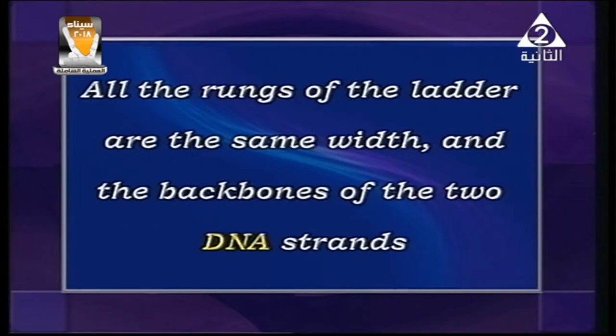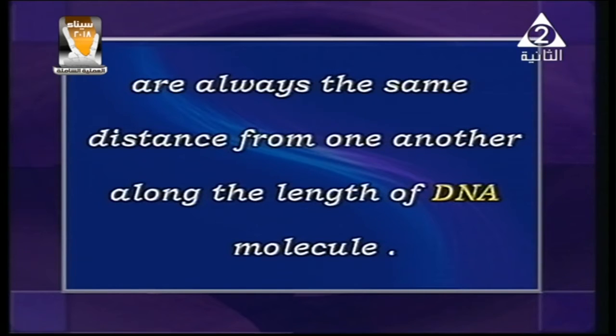And all the rungs, all the steps of the ladder, are the same in width. And the backbone itself, the two DNA strands, are always the same distance from one another along the length of the DNA molecule.